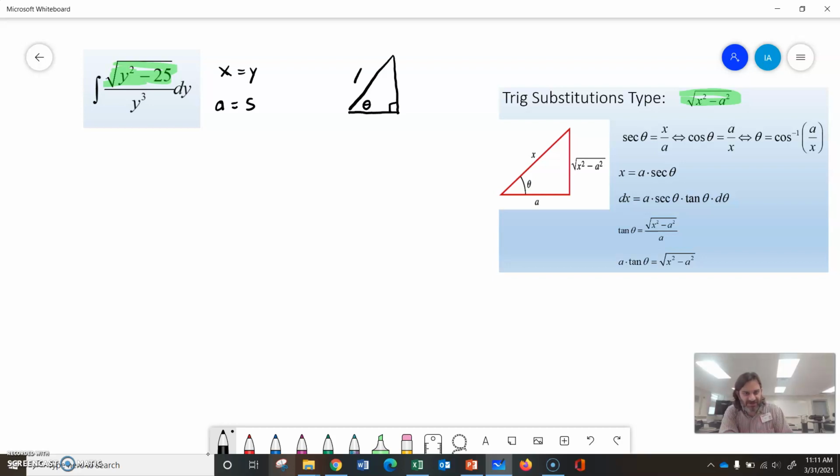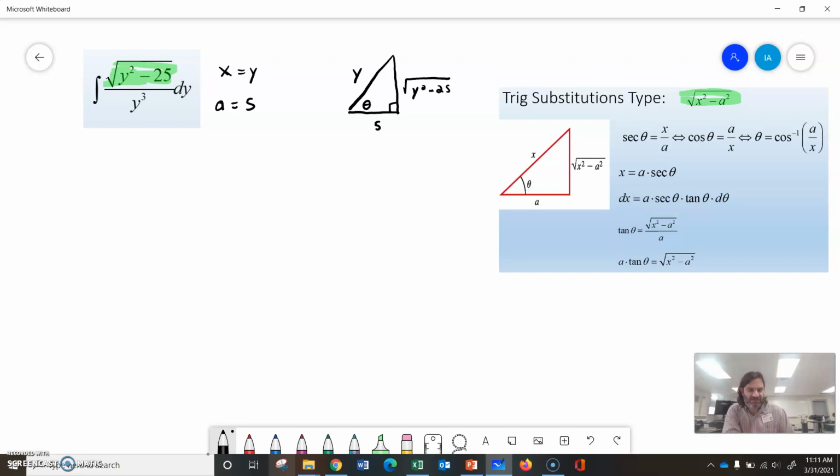So our hypotenuse is y, our adjacent is 5, and our opposite is the square root of y squared minus 25. Having the template already laid out for us gives us a little bit more confidence and keeps us from having to think as hard.